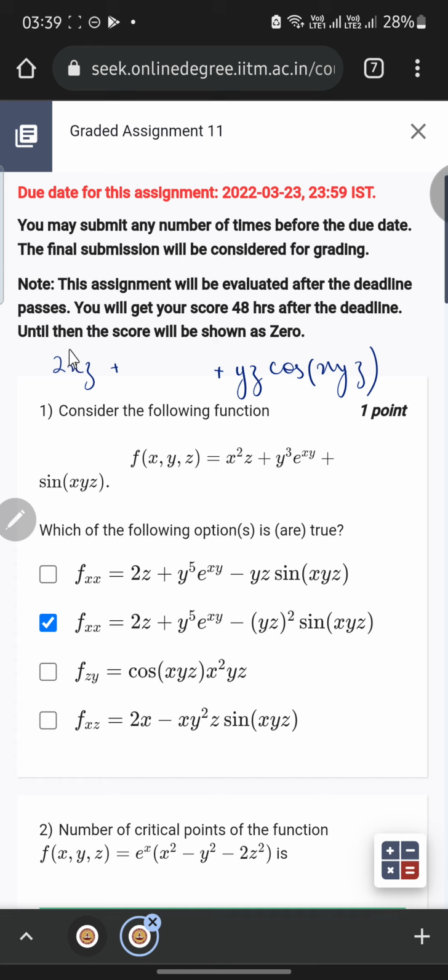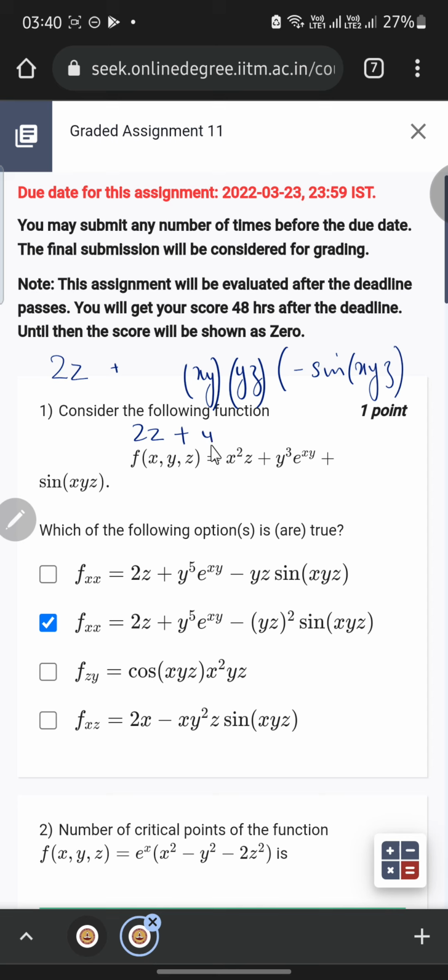2x. Perfect. This corresponds to option number 4. Then 2z, and here we get the minus sine when taken as derivative, so minus sine of xyz, and we take x, y as constants, so this multiplied by xy, so we get 2z plus y square xz minus sine xyz.